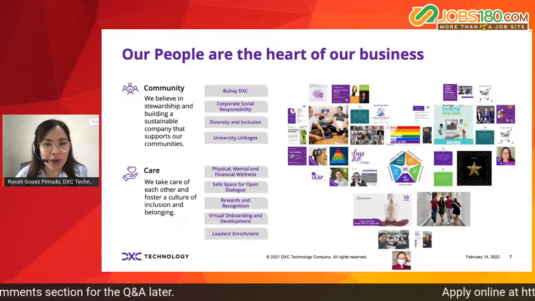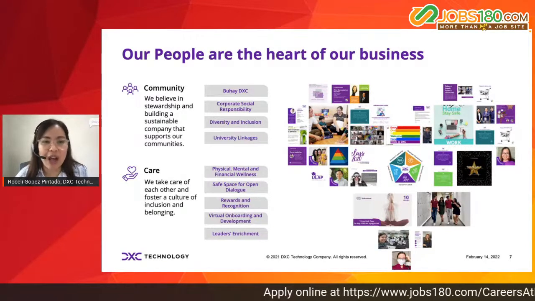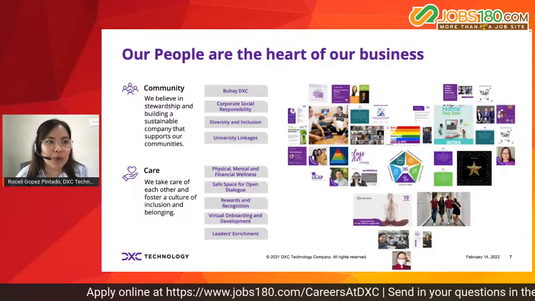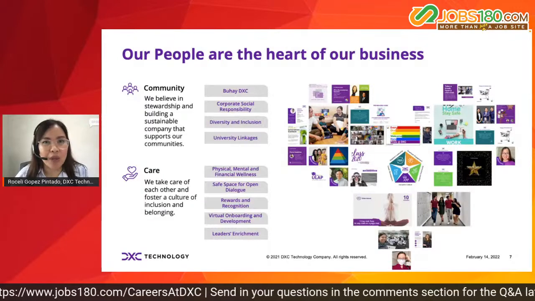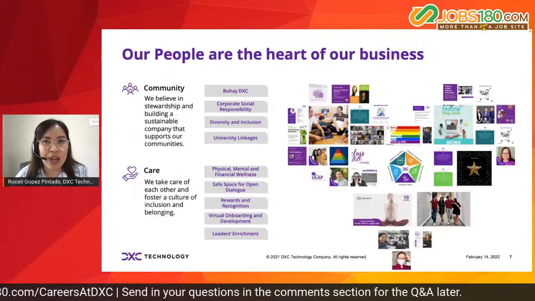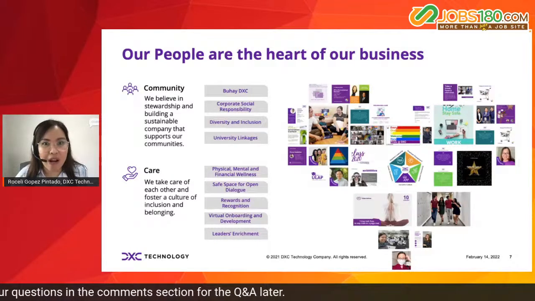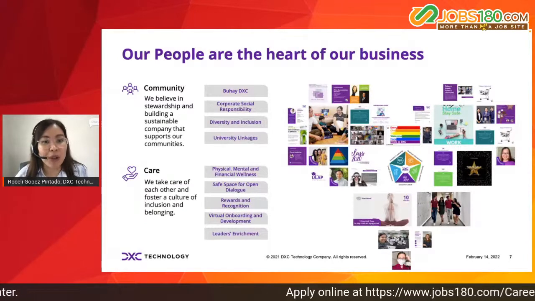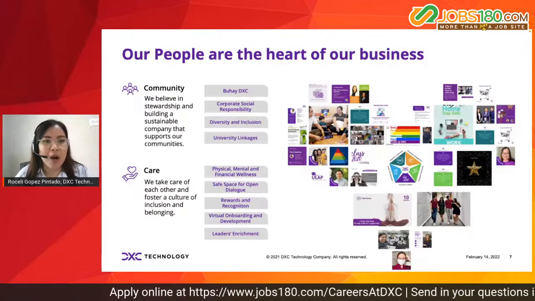And we also partner with a lot of schools and universities, like right now, in order to introduce DXC. For some of the universities, we also partner with them through workshops or trainings. Like we help them build their curriculum to prepare their students, or students like you, as early as possible for a career in technology.